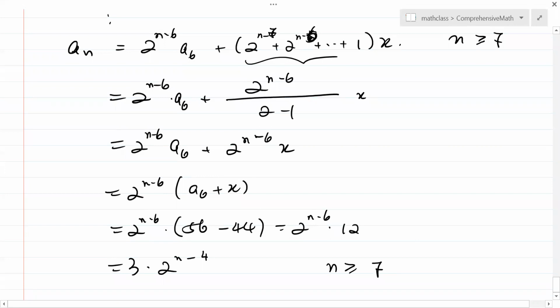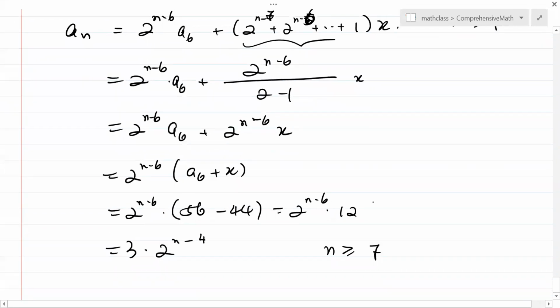You cannot say n equals 6. 12 is 3 times 2 squared, so that's why you get n minus 4. So we begin with this, n greater than or equal to 7. So when n equals 7, that's what you get.